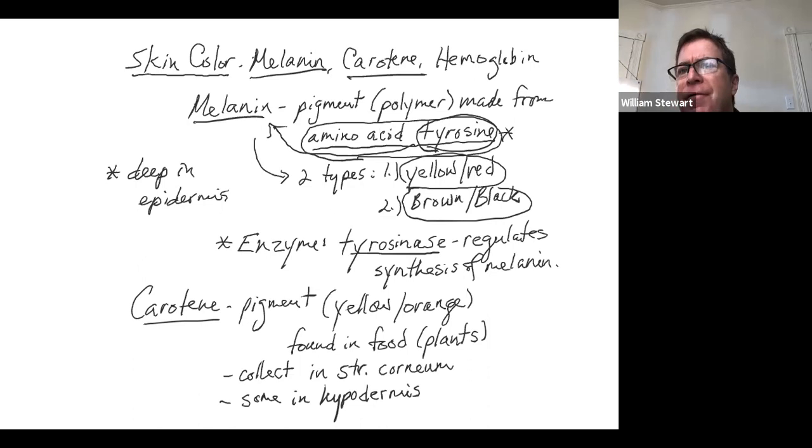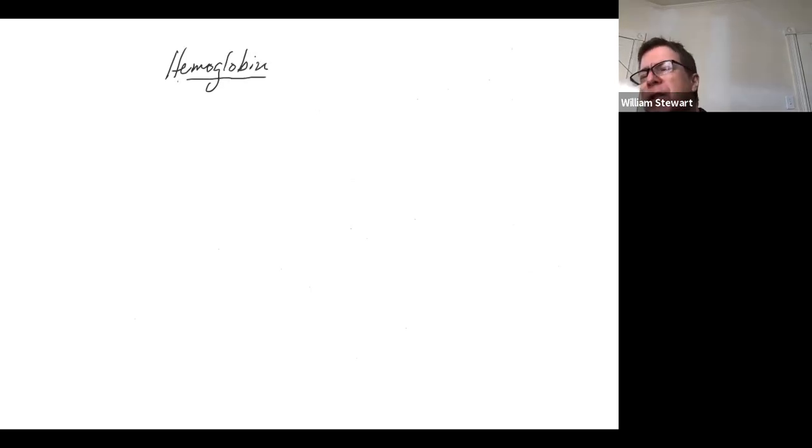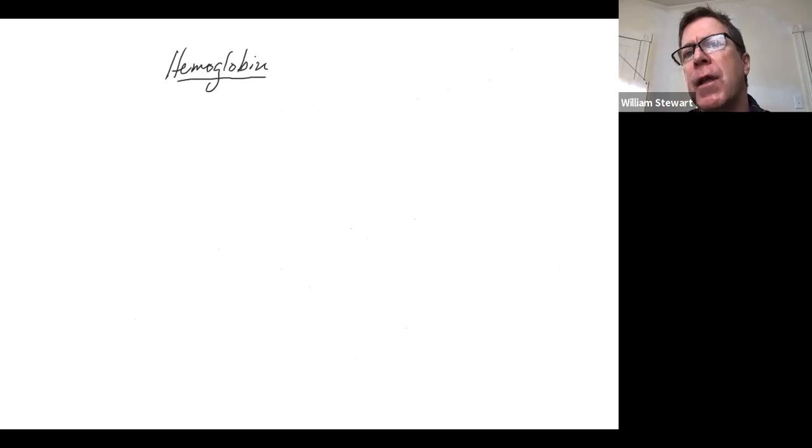Okay. And finally, hemoglobin. I'll do that on my next page. These three things contribute to our skin color, mostly melanin, but then carotene, probably in the order that I'm covering them right here. Hemoglobin is really a protein.